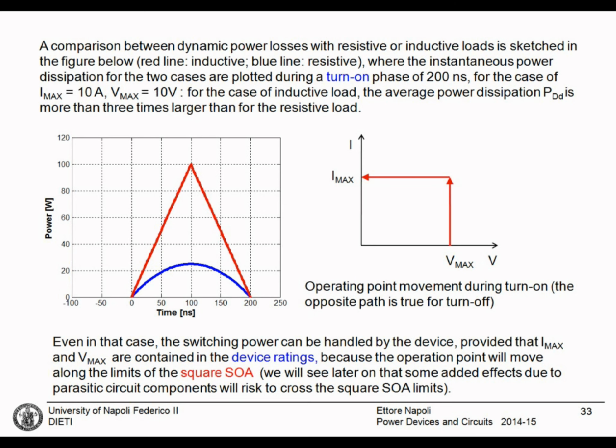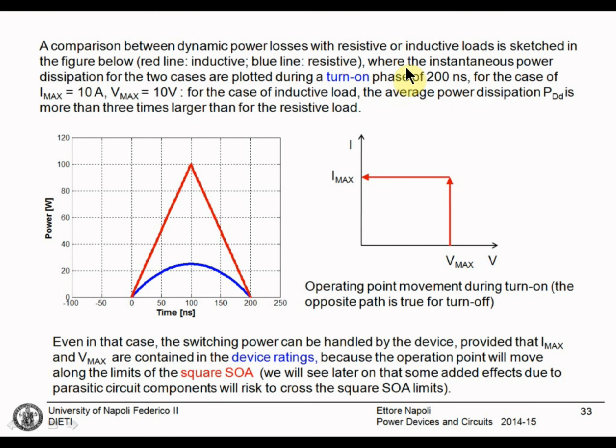In this graph, we compare the instantaneous power dissipation for the two types of switching. The blue line is for the resistive load, and the red line is for the inductive load.